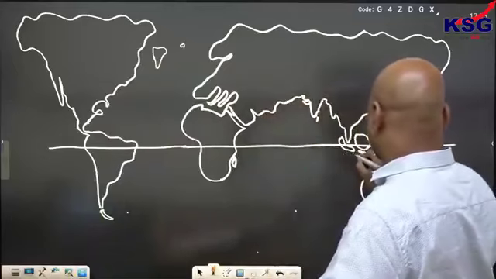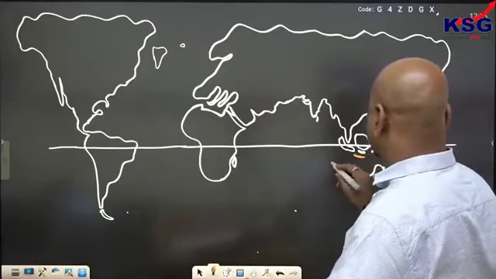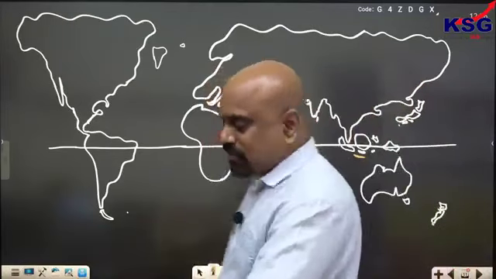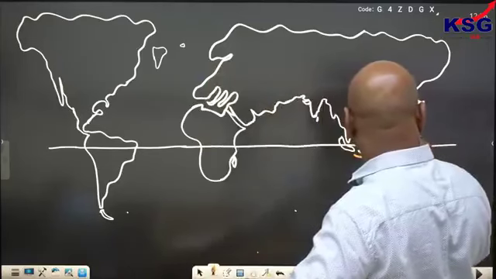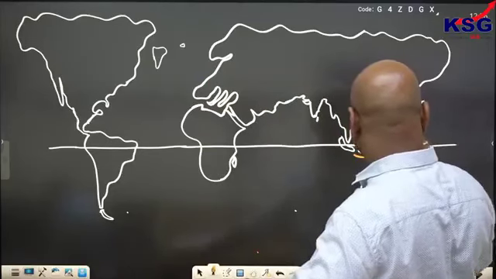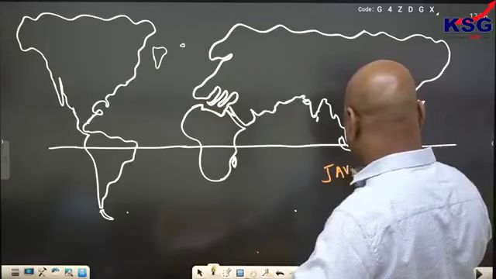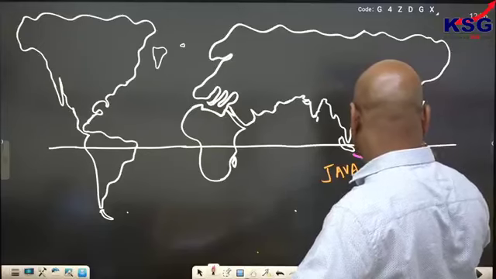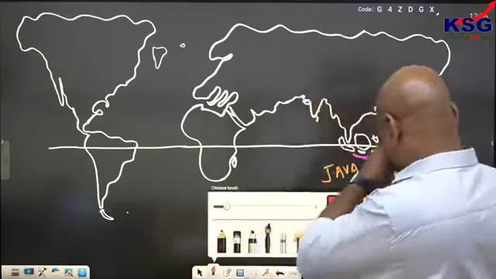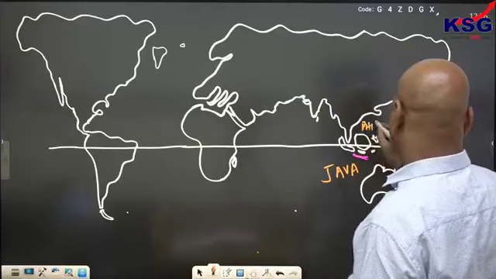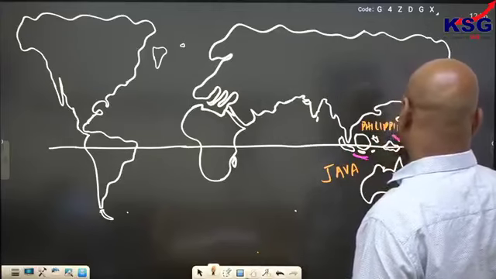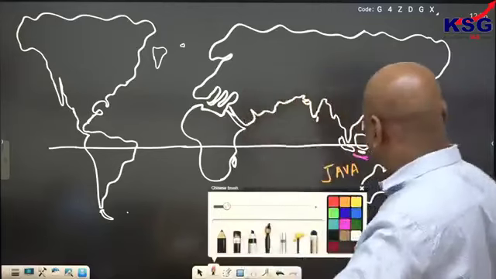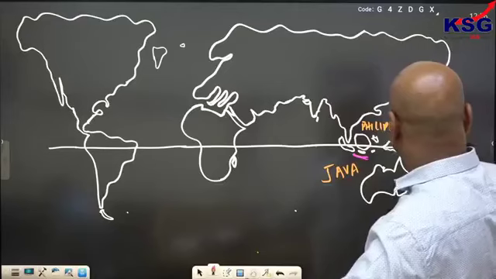Here we have a trench known as the Java Trench. Can you see this? Then this side you have the Philippines Trench. This is Java. This one here is the Philippines Trench. Then on this side you have the Mariana Trench.